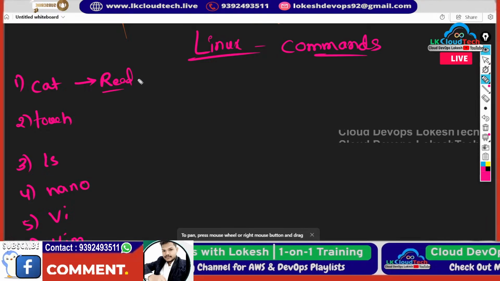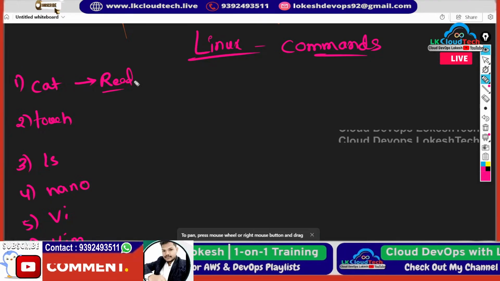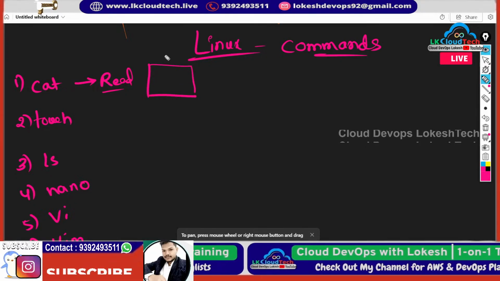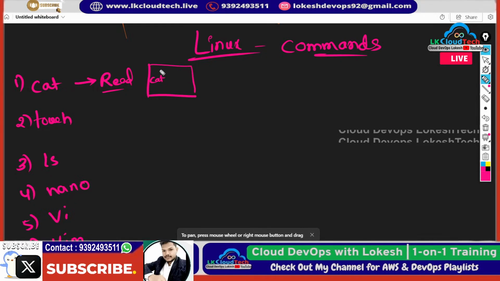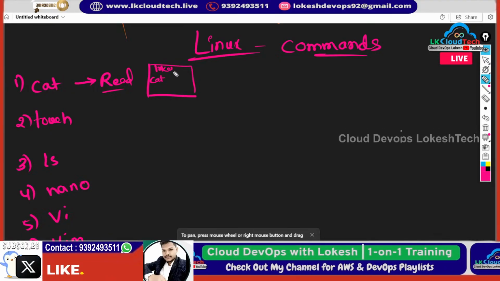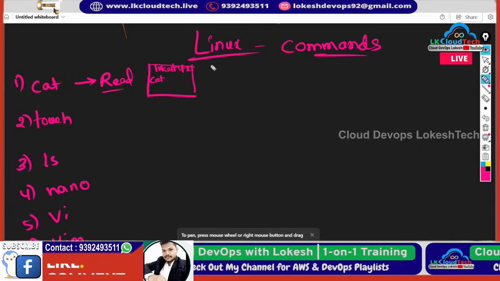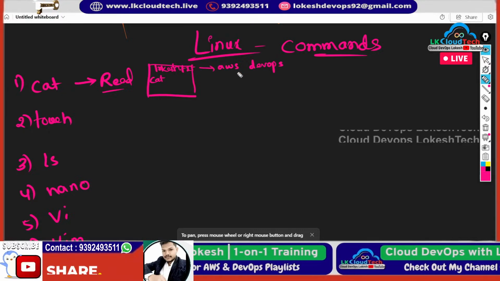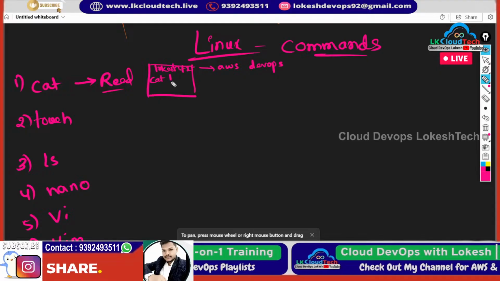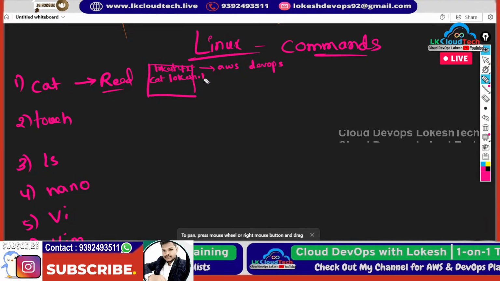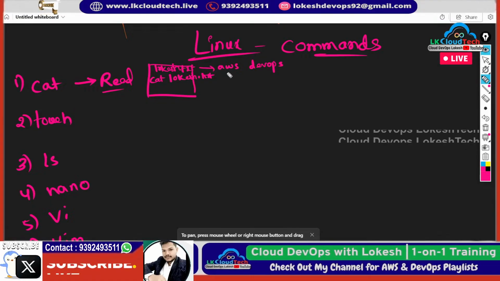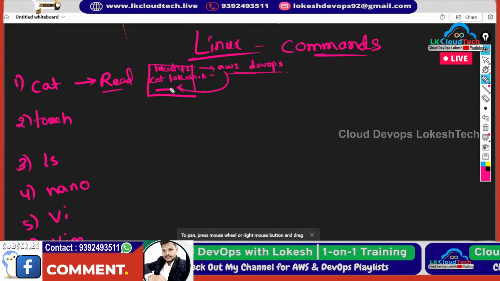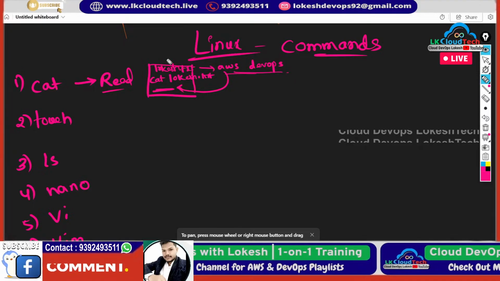The content will be displayed on top of the screen. For example, there is a file called lokesh.txt, and the content is maybe AWS DevOps, something like this. Whenever you use cat lokesh.txt, you can see the entire content on your screen. So that is the reading purpose.